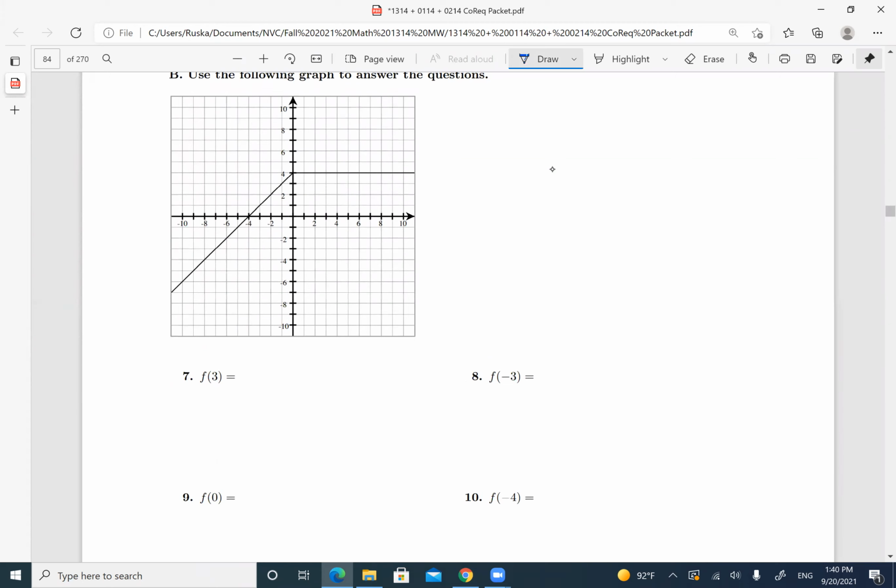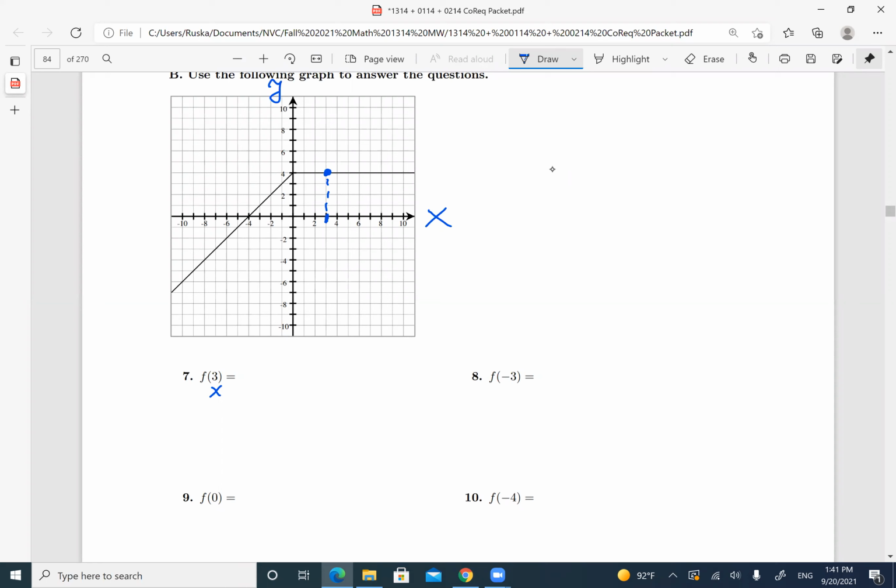So 3, is it x or y if it's inside? It's x, right? So that's the input. So we're going to go to the x-axis, which is the horizontal, and the vertical is the y. I'm going to go to 3, and then from 3, I'm going to go all the way to the graph. This is the point on the graph, right?